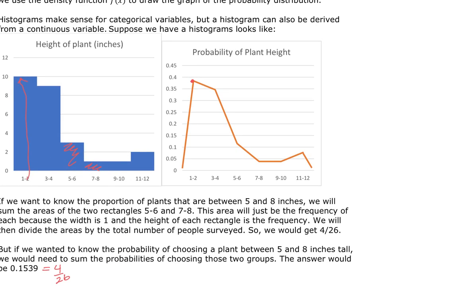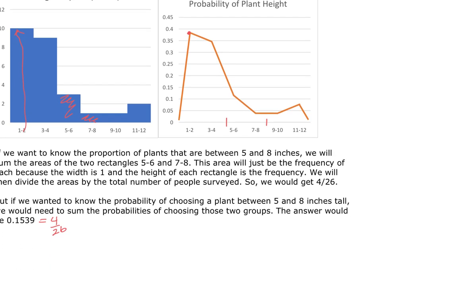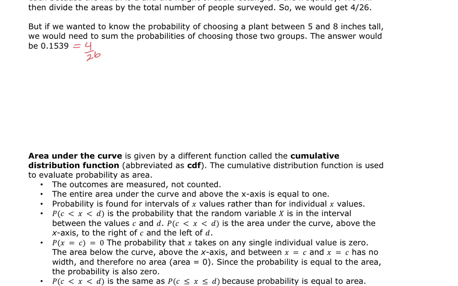If I want the probability of getting a plant between 5 inches tall and 8 inches tall, that would be this area, which is 4 out of 26, but it's also 0.1538. So that's what it means to be to the right of 5, but to the left of 8. Right of c, left of d.